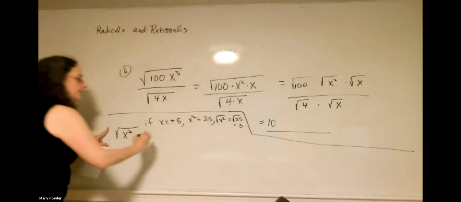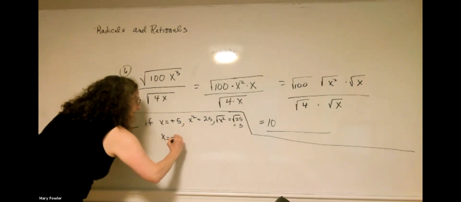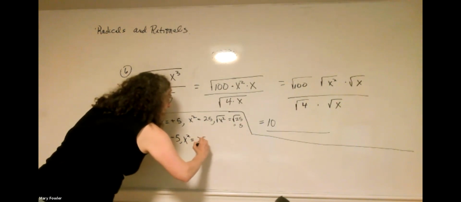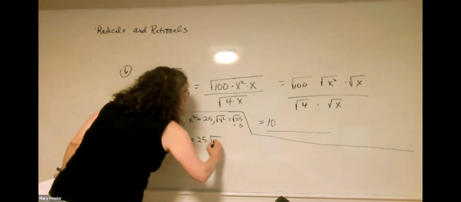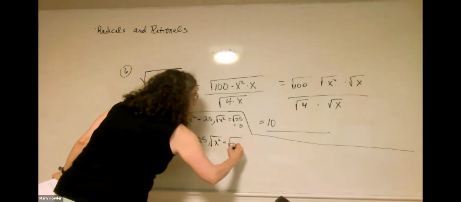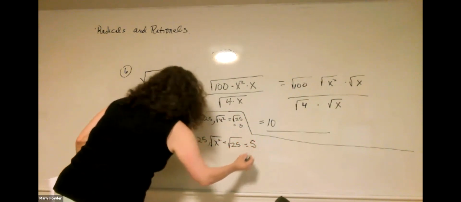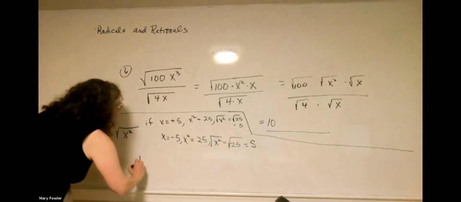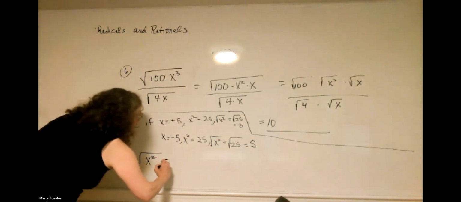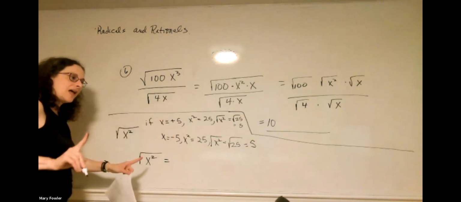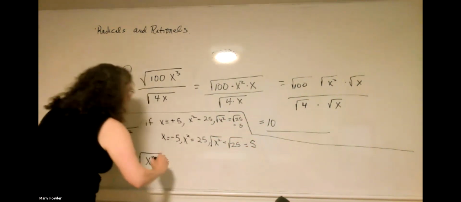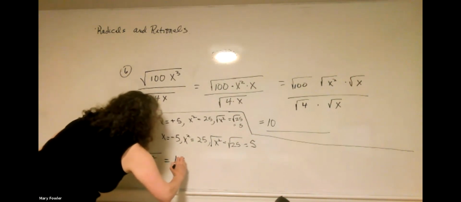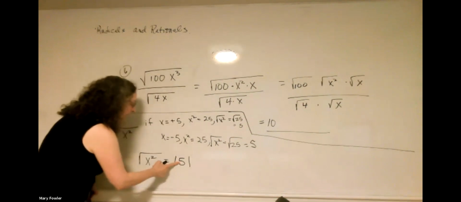If x is minus 5, x squared is 25, and the square root of x squared is the square root of 25, which is also 5. So it turns out that the square root of x squared is not just x, it's always the positive part.